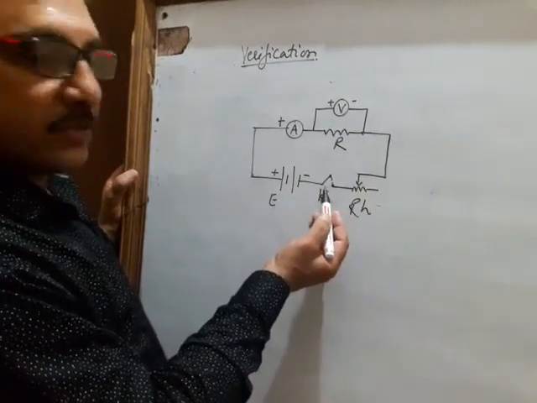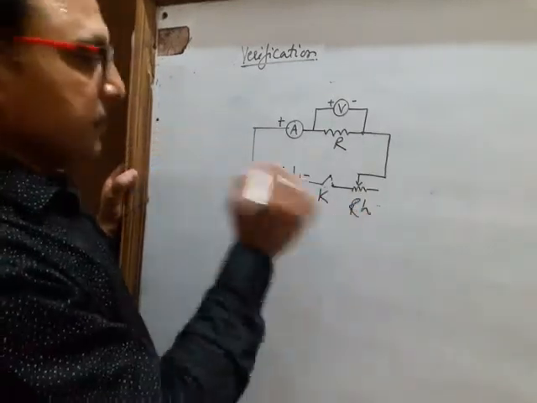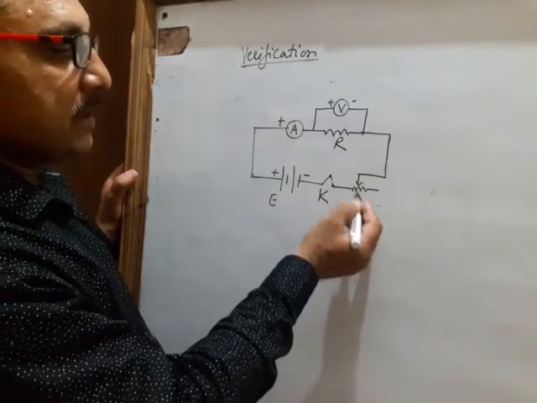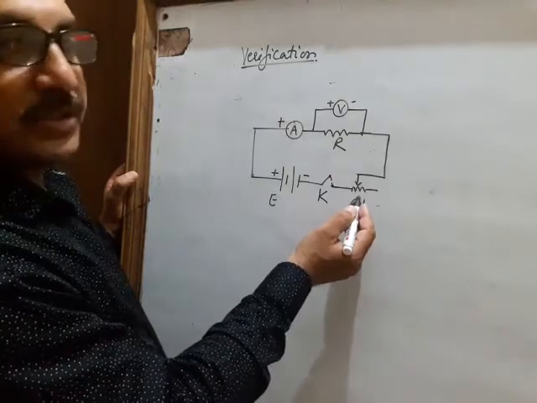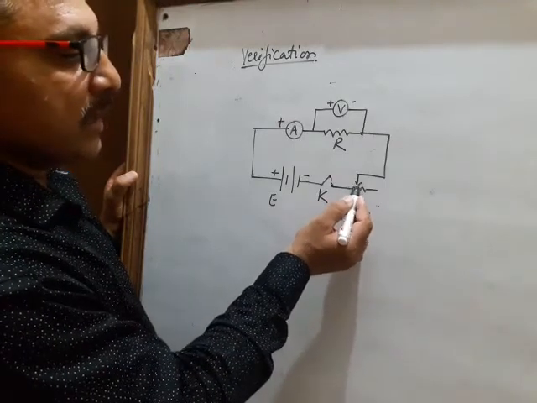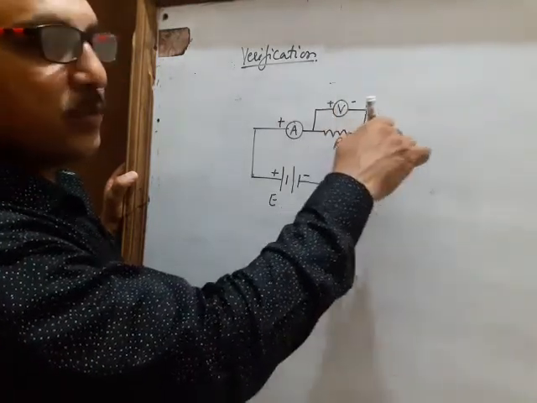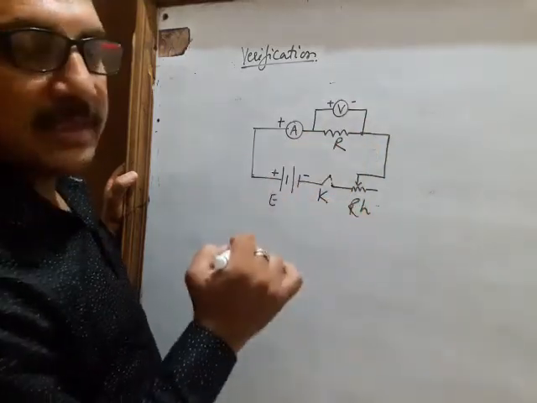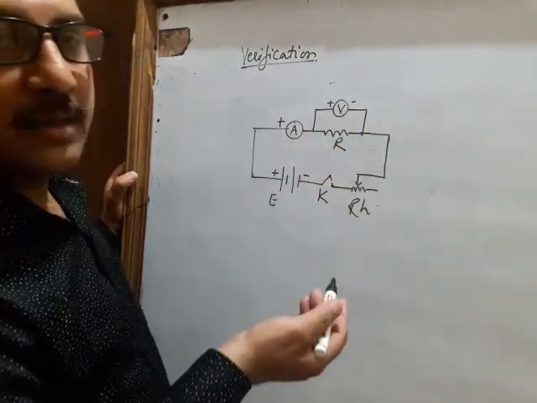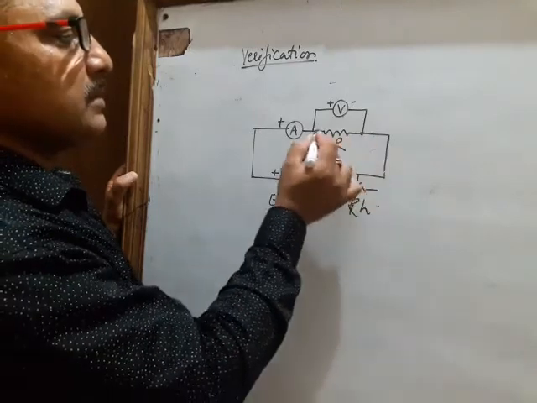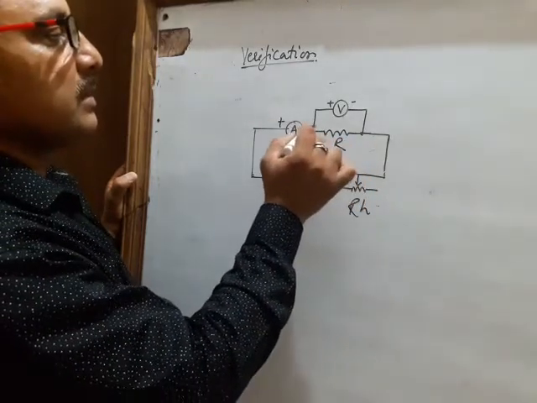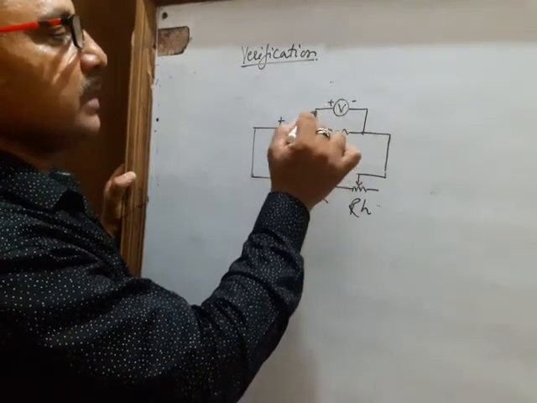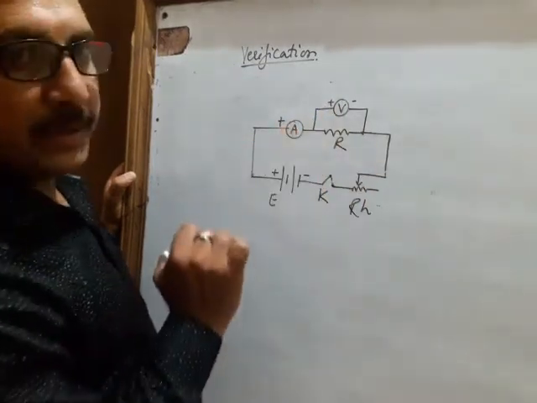This is the rheostat, meaning variable resistance. The resistance can be changed by moving this sliding contact. This is a slider, it can be moved like this. So you can change the resistance, hence you can change the current. This is the main resistor of the circuit. This is the voltmeter connected in parallel, and this is the ammeter.